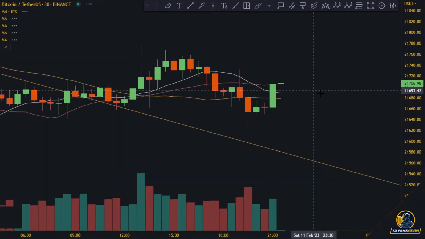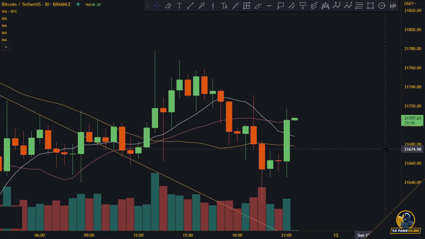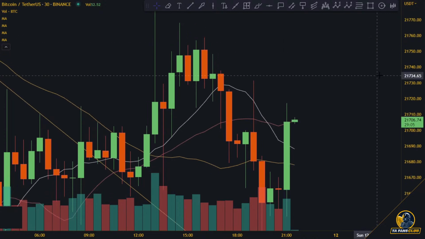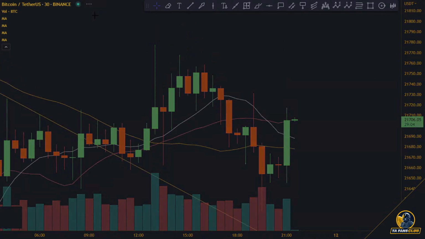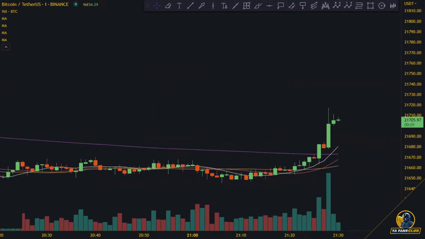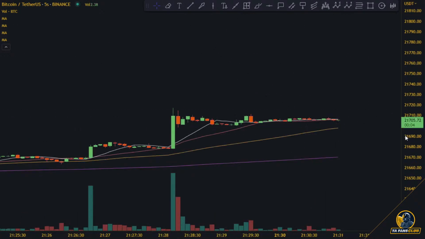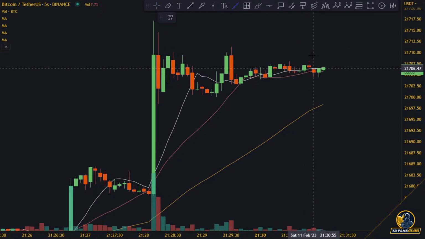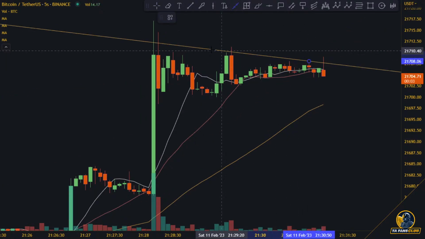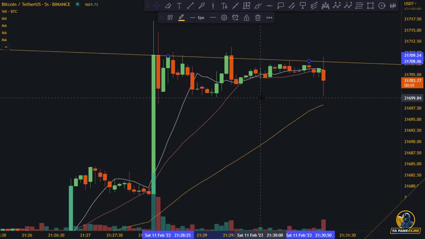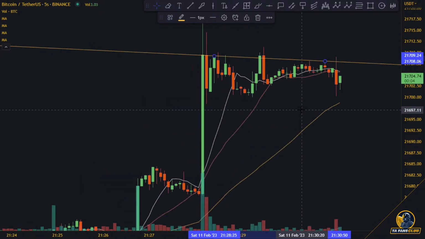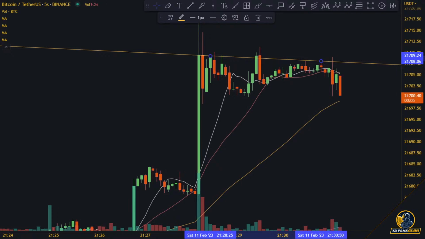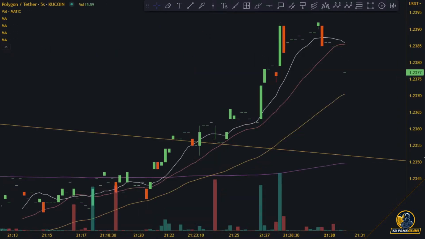30-minute came just barely above 10 moving average, pulling back right now. Wow. At least some kind of volatility kicked in, so that's good. Fell down, but you know.